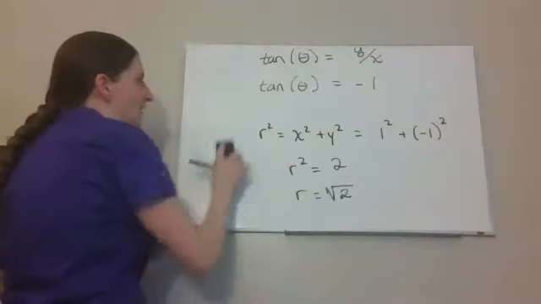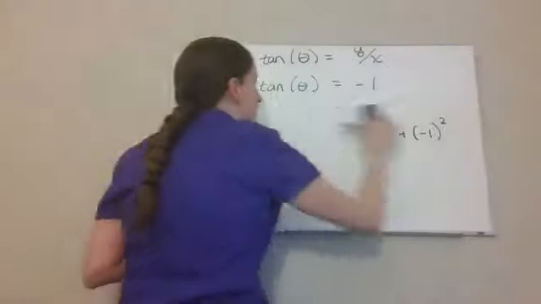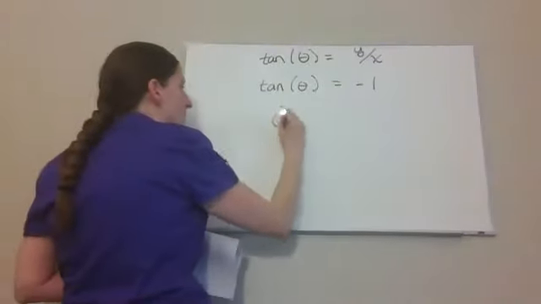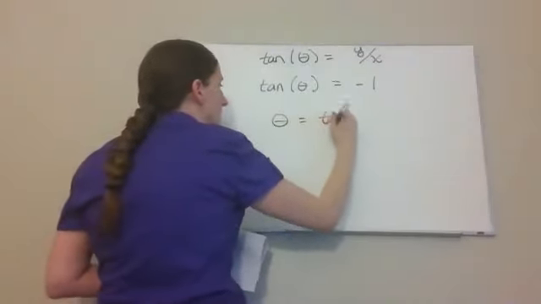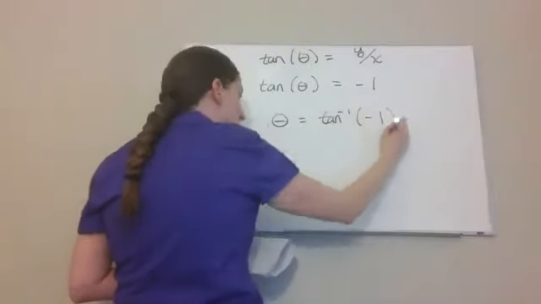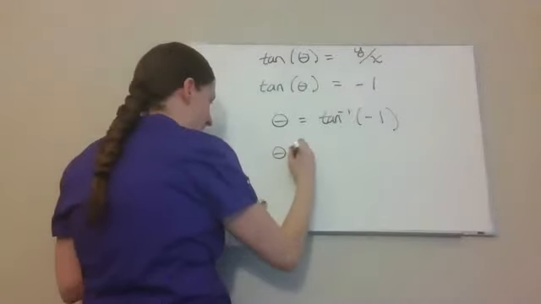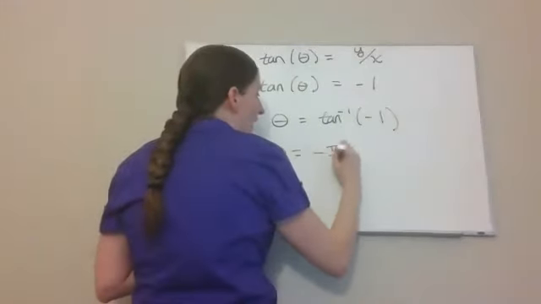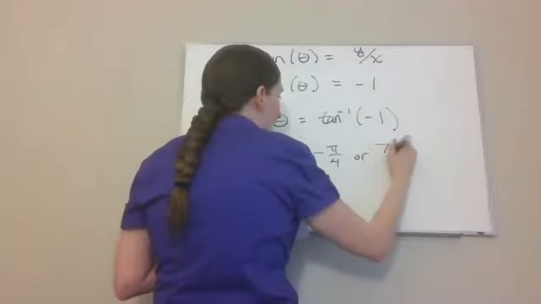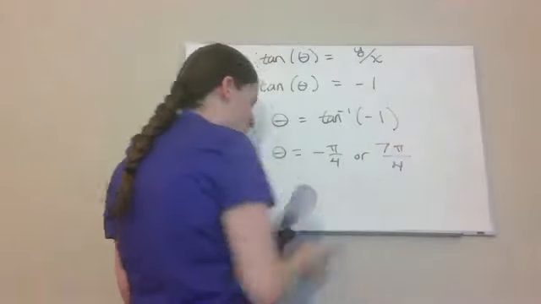This means theta is the inverse tangent of -1. And so I get that theta is -pi over 4, and that's the same thing as 7 pi over 4.